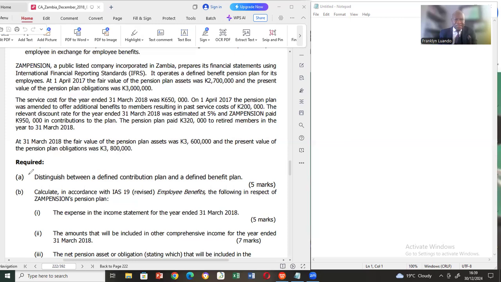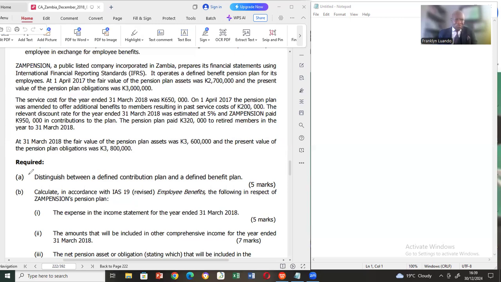It operates a defined benefit pension plan for its employees. At 1 April 2017, the fair value of the plan asset was 27, and the present value of the pension plan obligation was 37. So these are the pension asset and pension liability.